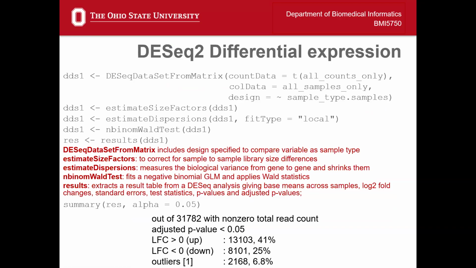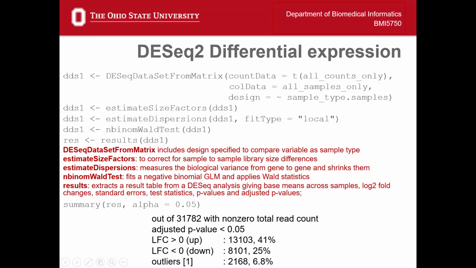This is the process that we're going to go through in our script later on today. DESeq2 has a function for putting your data in the DESeq2 object. For that function, you're going to need to provide it with a counts table. We already have it in all counts only. We have our sample table fed into colData.